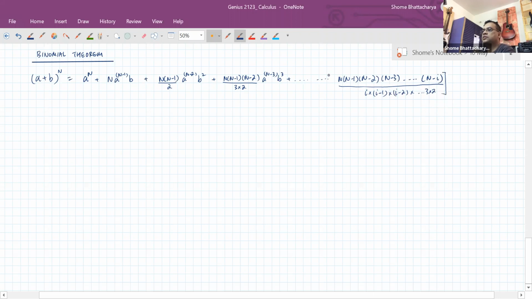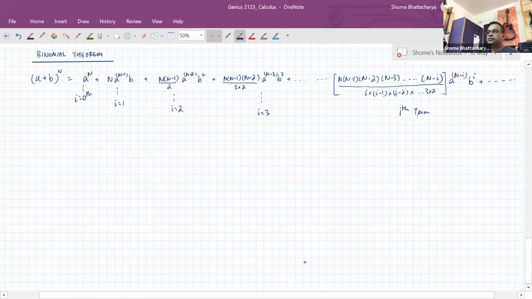So this expression into a to the power n minus I, b to the power I, we say this is the ith term. This is the I equal to 0th term, this one. This is the I equal to 1 term. This is the I equal to 2 term. Okay. This is the I equal to 3 term. And like this the series goes on.